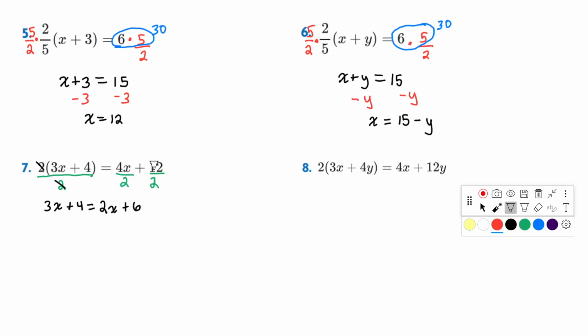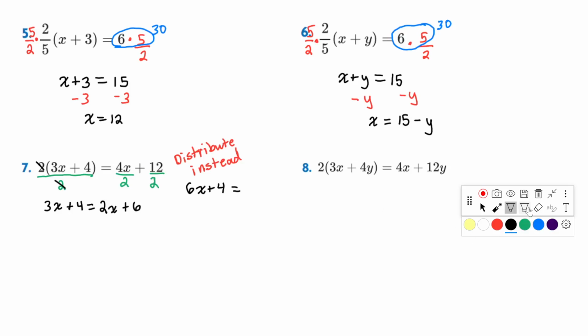Should you decide you want to distribute instead, you would work with 6x plus 4.